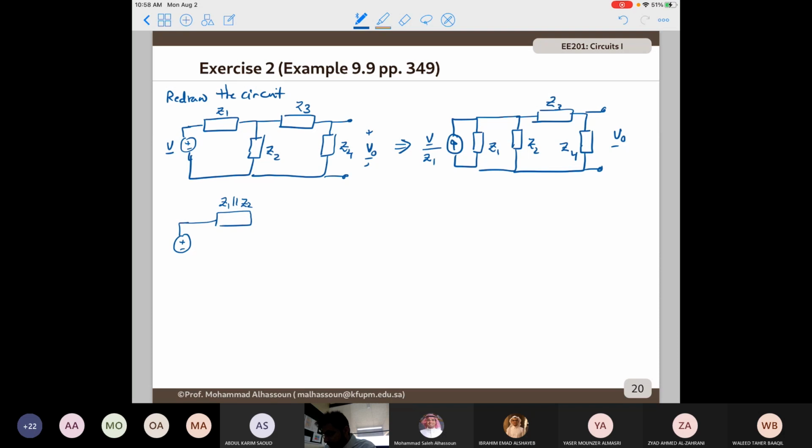The voltage is going to be V divided by Z1 multiplied by Z1 in parallel with Z2, Z3, and Z4.